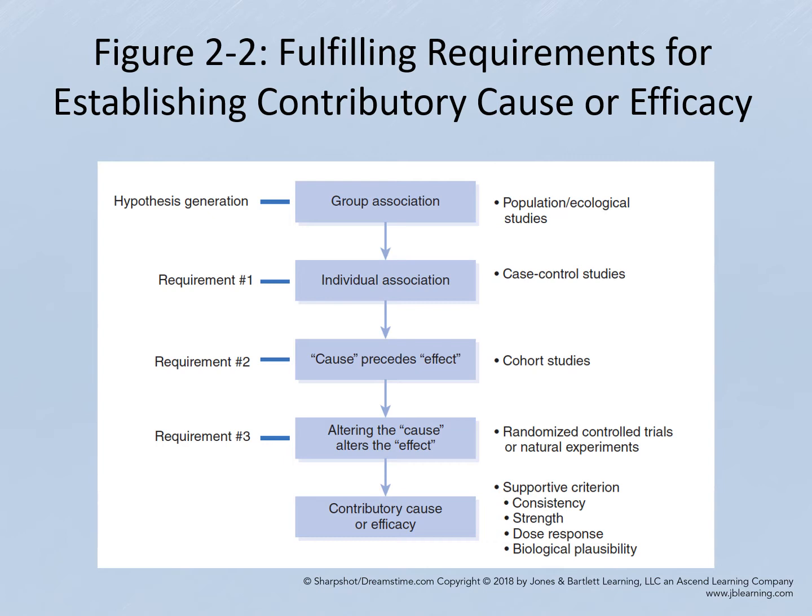Then moving on to the cohort studies. So that is cause precedes the effect. So cigarette smoking caused lung cancer. Cohort studies are longitudinal studies.